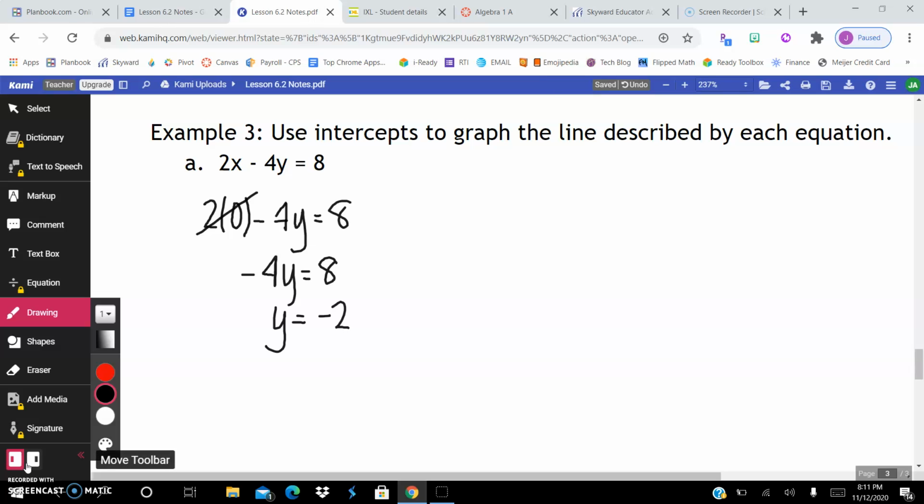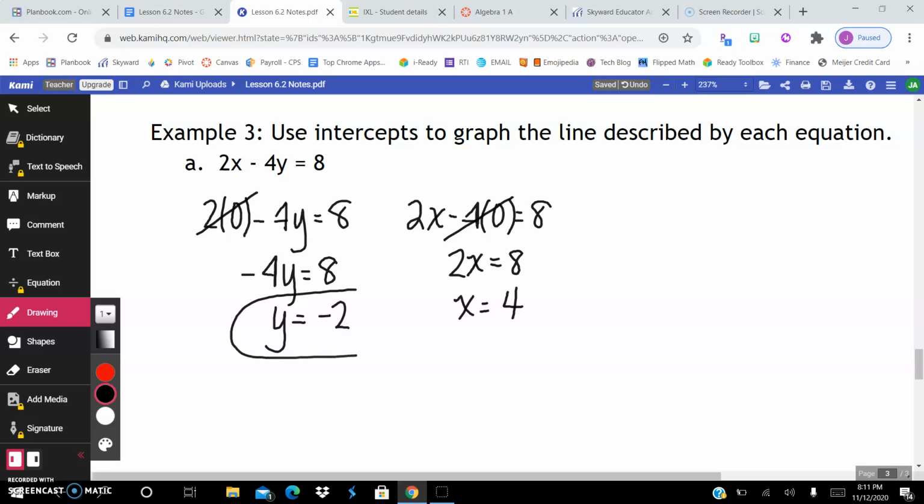And then finding the x-intercept, I am going to put the 0 in for the y. So that would be gone, and I would just have 2x equals 8, and 2 times 4 would give me the 8. So my two intercepts, y-intercept is negative 2, and x-intercept would be 4.